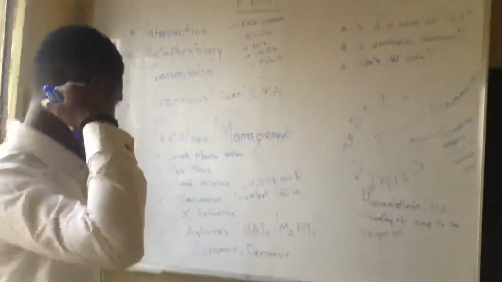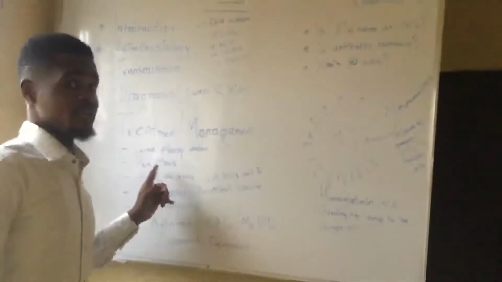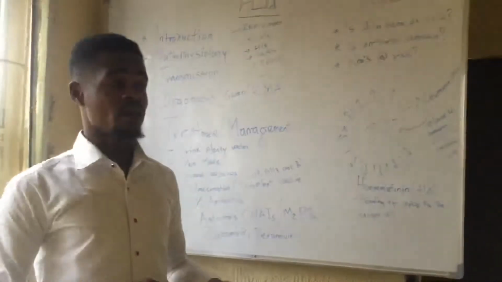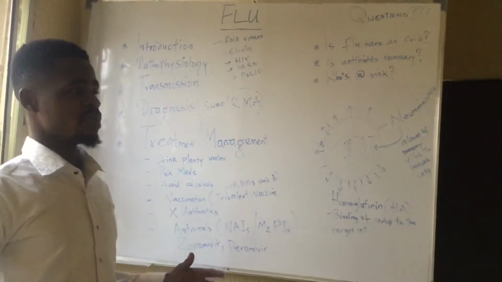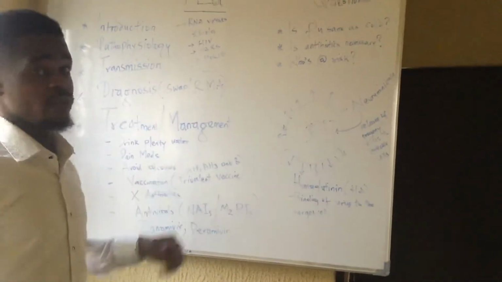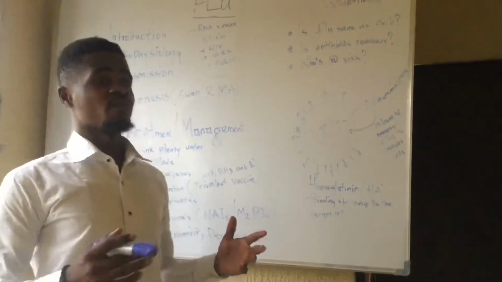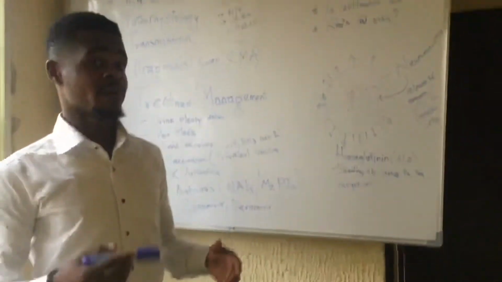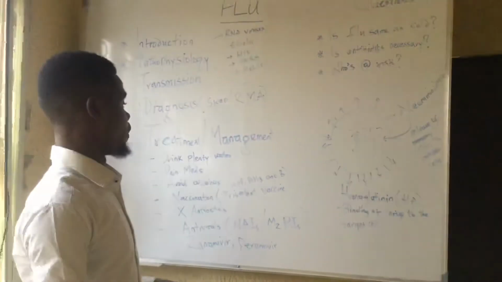So I've mentioned pain meds. Apart from that, vaccination is the most effective way of preventing flu. But when one is down with influenza, majorly we're looking at relief of symptoms, with pain meds like acetaminophen, that's paracetamol.